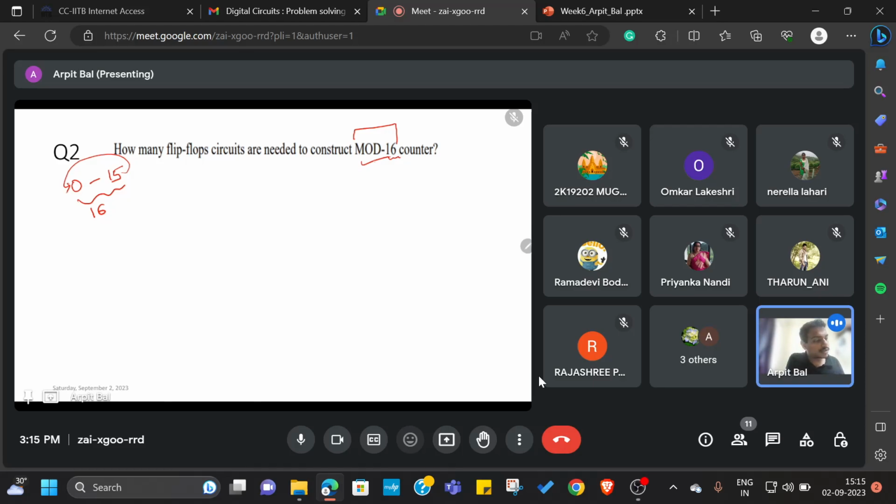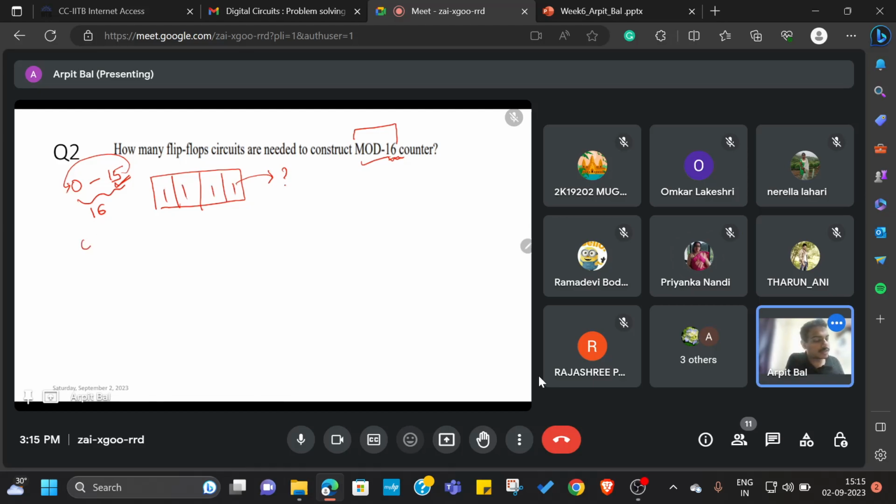The first thing that you need to figure out is how many bits are required to represent this k. In our case, what is the last state? That is going to be 15. To represent 15 in binary, how many bits do we need? 4. Correct. So we will need 4 bits.